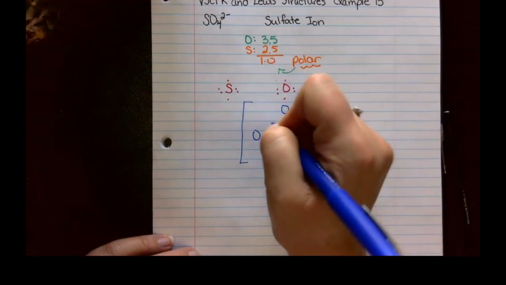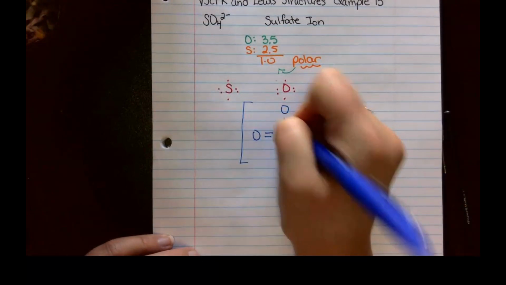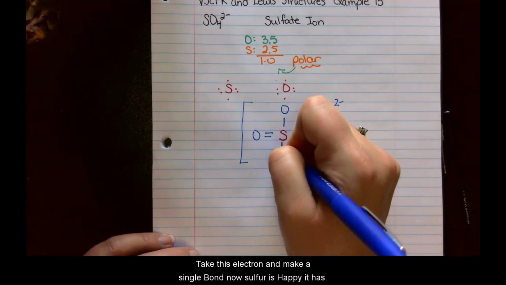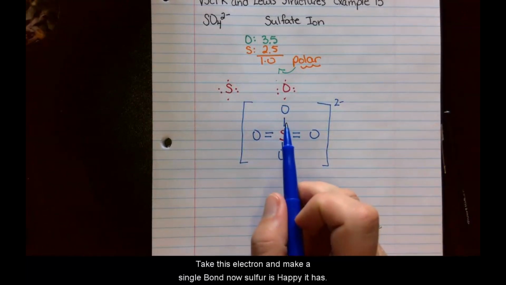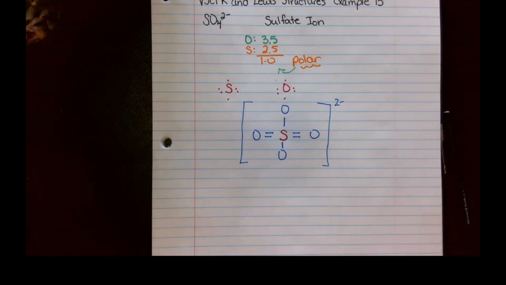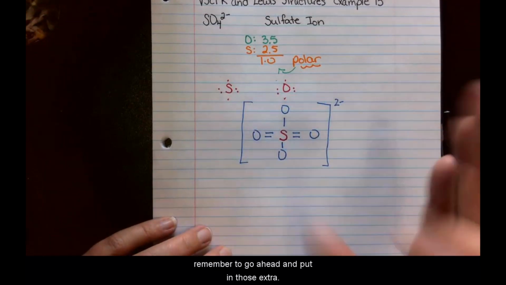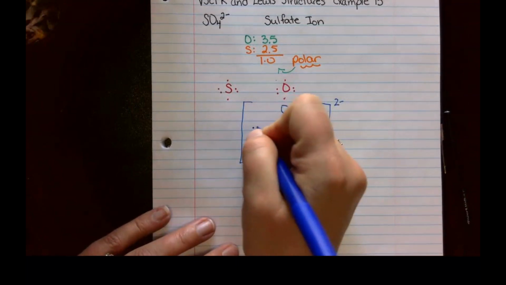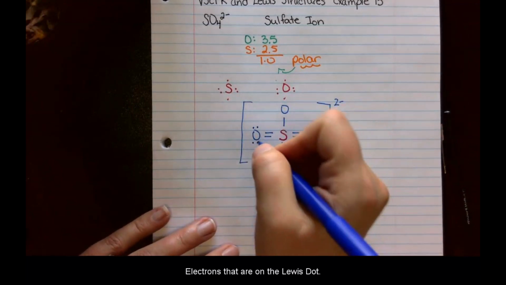It's going to take this electron and make a single bond, and this electron and make a single bond. Now, sulfur's happy. It has 2, 4, 6, 8, 10, 12 electrons in the shell. It's very happy. These oxygens aren't happy, so you have to remember to put in those extra valence electrons on the Lewis dot.